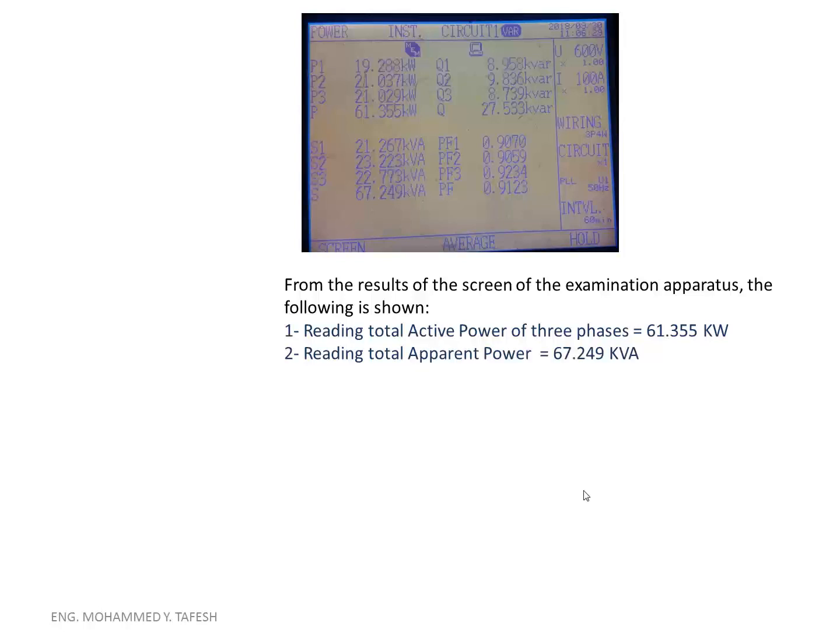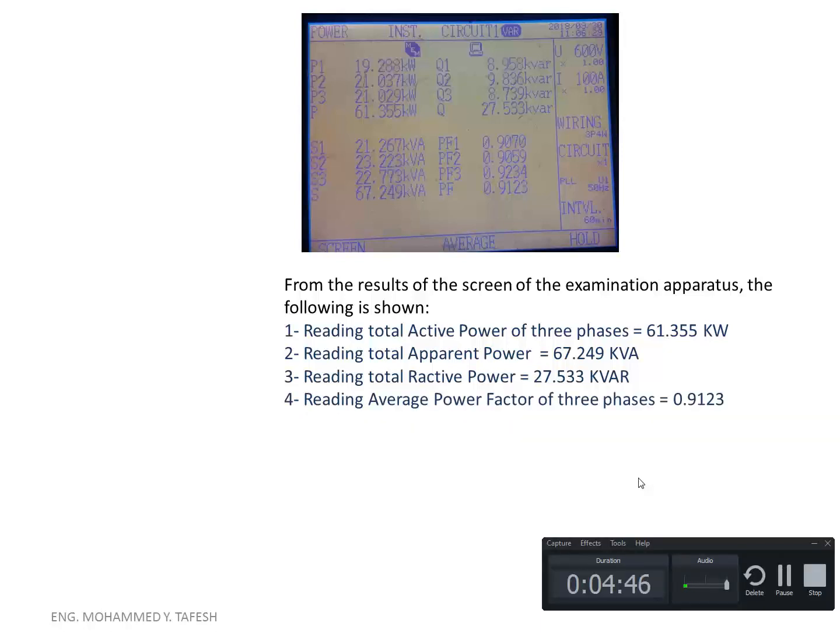Reading total apparent power equals 67.249 kVA. Reading total reactive power equals 27.533 kVAr. Finally, reading average power factor for the three phases equals 0.9123.